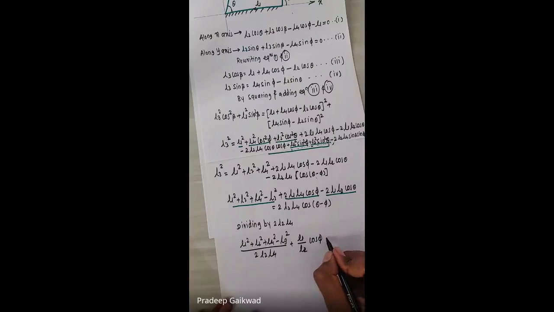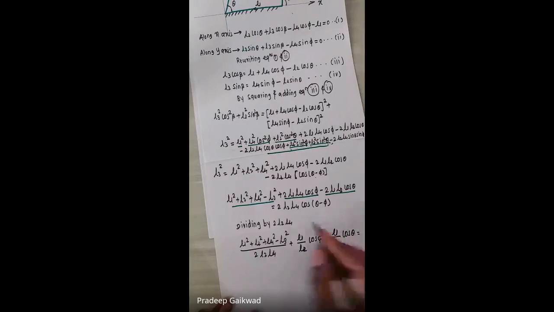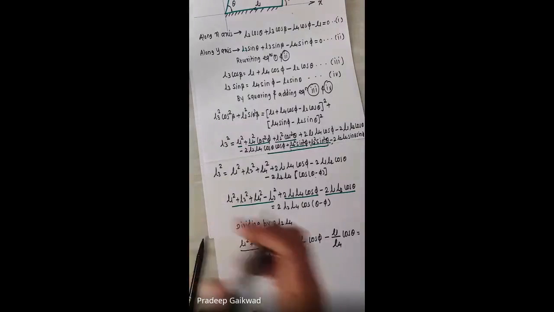Similarly, here it is minus L1 upon L4 cos of theta, and it is equal to, as we divide by twice L2 L4 the same term, this gets cancelled, cos of theta minus phi.